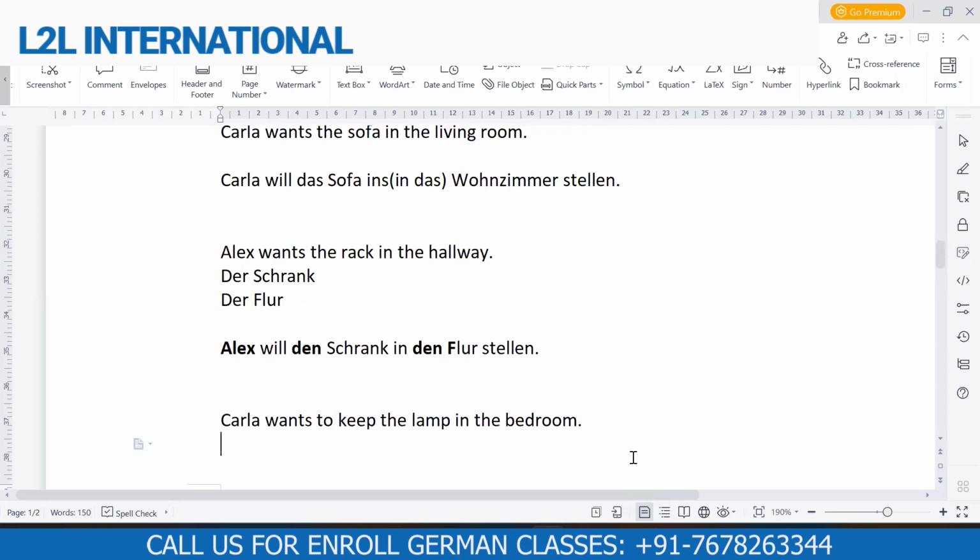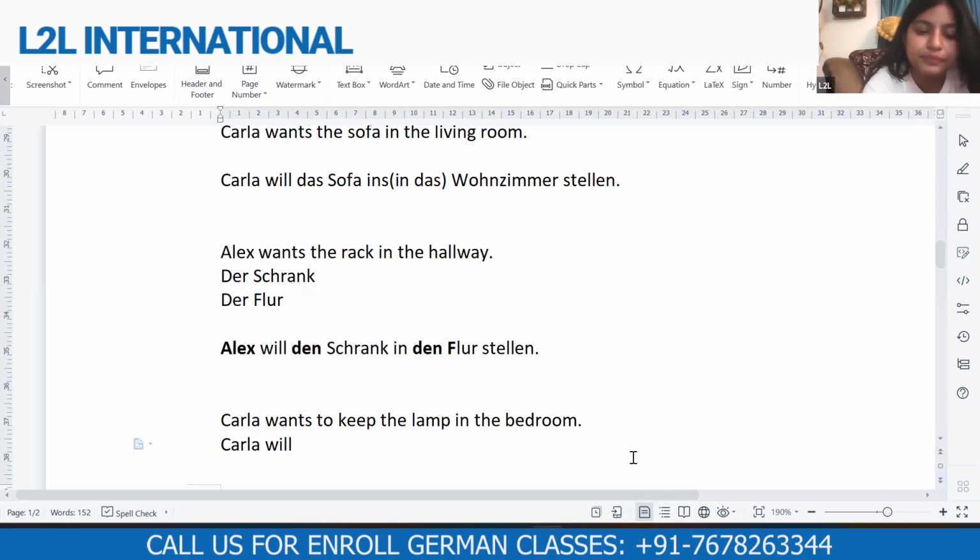Kalra will... their lamper. Lampa is the lamper, Sana. So the accusative lamp. Yeah, the lamper.